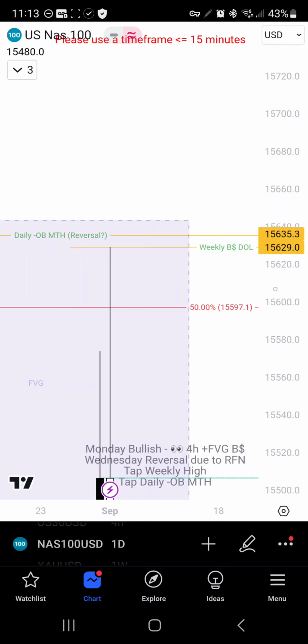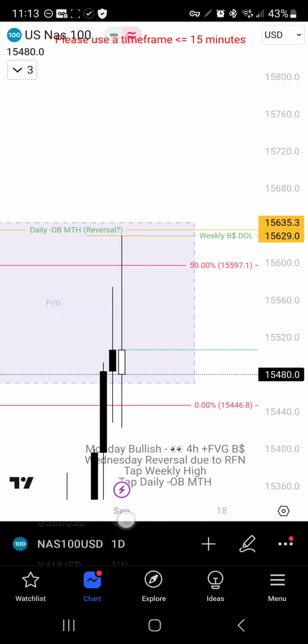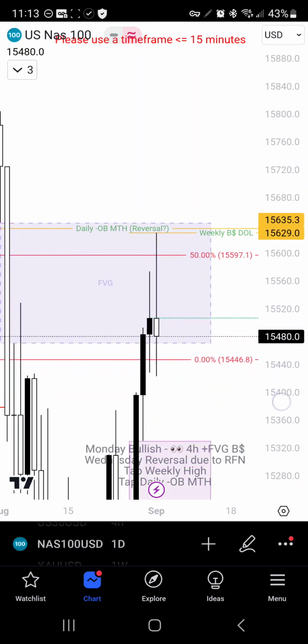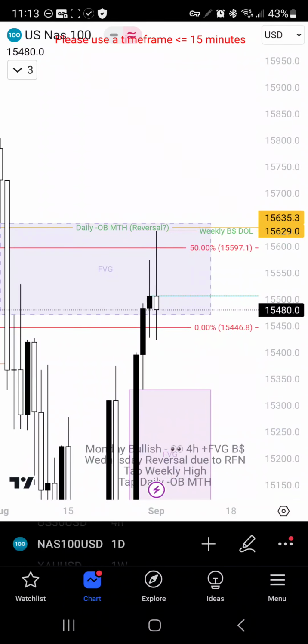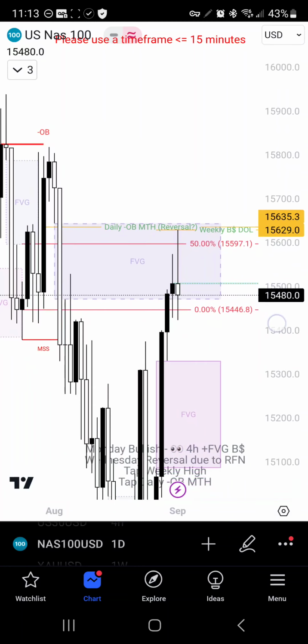And then I'm also looking for the high of Friday's daily candle because of the previous candle rule. So I'm currently bullish for those, those are my bullish draws on liquidity. Now let's look left.